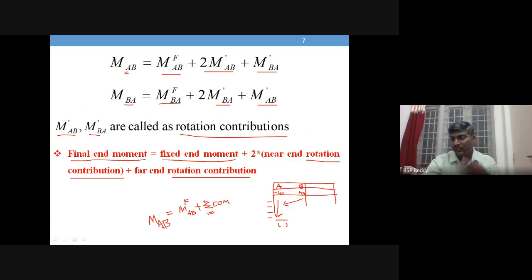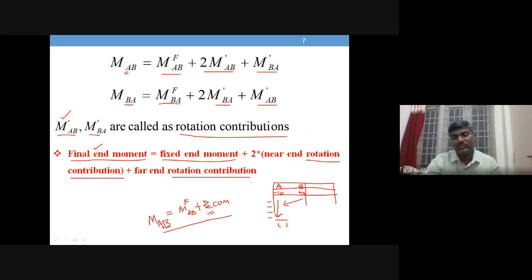That's how we have calculated the end moments in moment distribution method. So there is no rotation contribution involved in this one, but inherently it is there in the fixed end moments itself. Now carryovers, balancing, all that is the process there. Whereas here you have to find these rotation contribution values, then only you will get the final end moment.